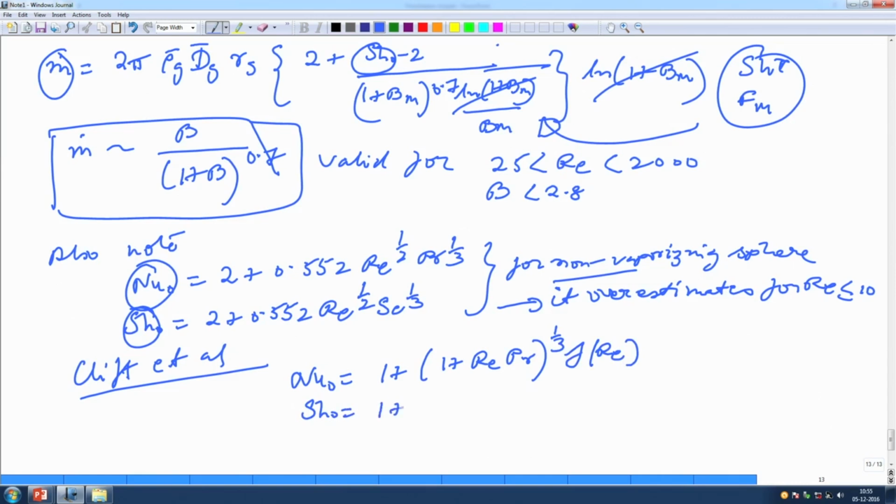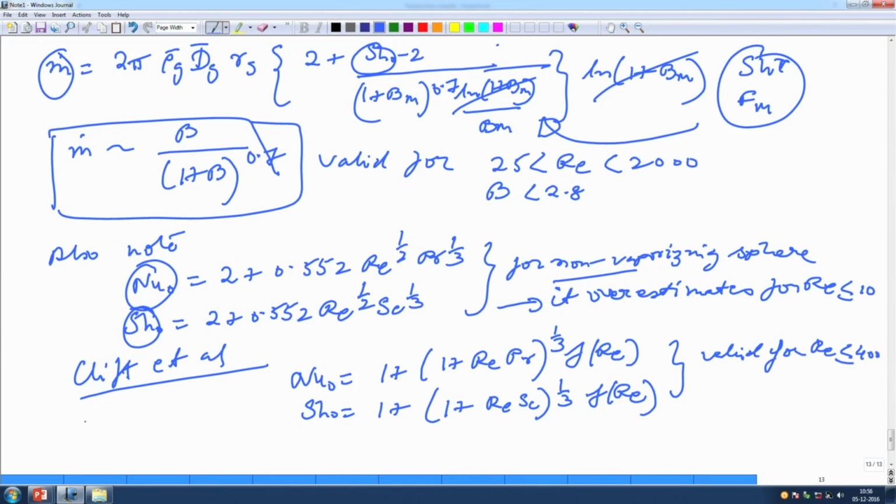So, 1 plus Reynolds number times Schmidt number to the power of 1/3 times f(Reynolds number). This is valid for Reynolds number less than or equal to 400, up to that limit it is valid.